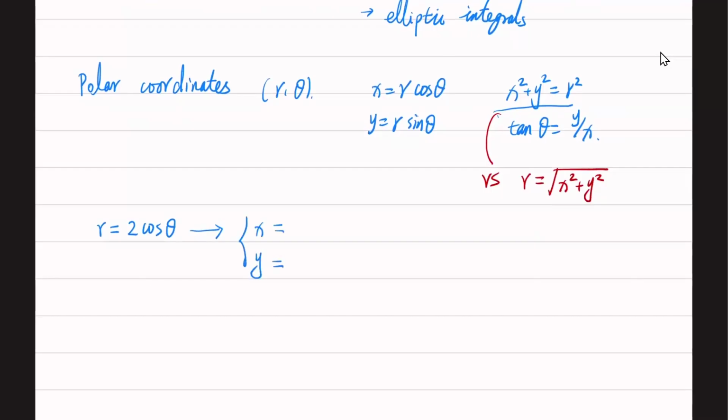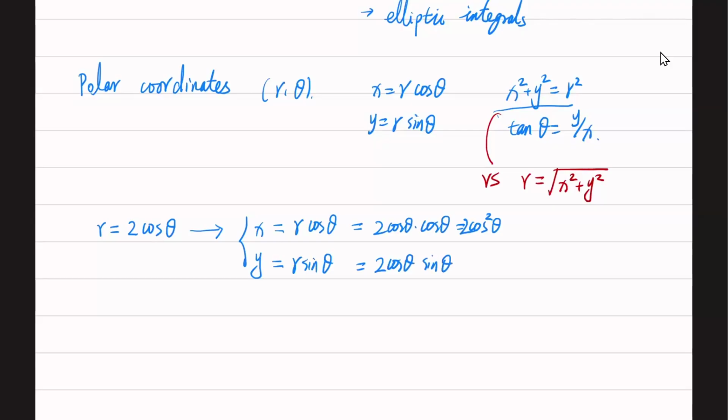So x is r cosine theta and y is r sine theta. So r is 2 cosine theta sine theta. If you use the double angle formula, you get something.